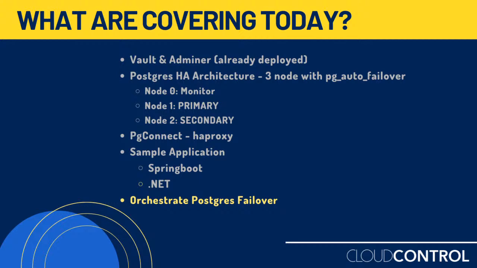It was a stateful setup with three replicas, the first becoming the monitor, and the other two becoming the primary and secondary. To that Postgres, we had attached PG Connect, which is an HA proxy based image. This is to make application connections easy so that the application doesn't have to switch over if the failover happens.